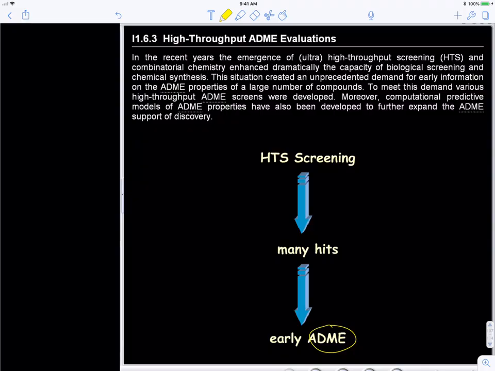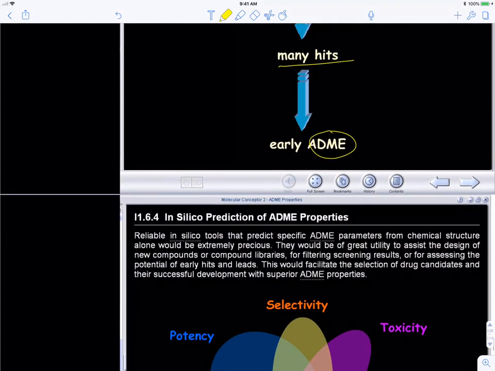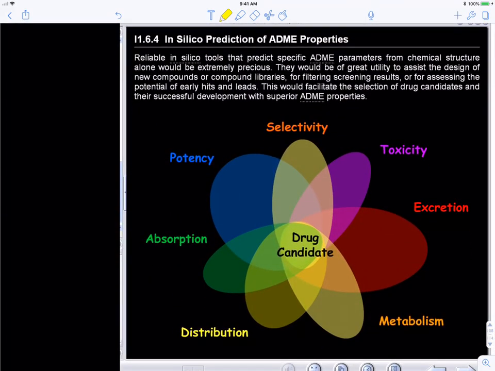In other words, as soon as we have some hits from high throughput screening, we can develop lead compounds to optimize their ADME properties. We can do that in silico, and we'll see, especially in the next module, how we can help predict the properties of the drug based uniquely on their structure.